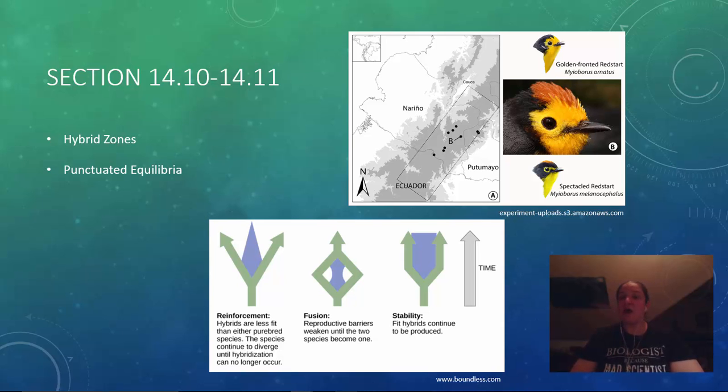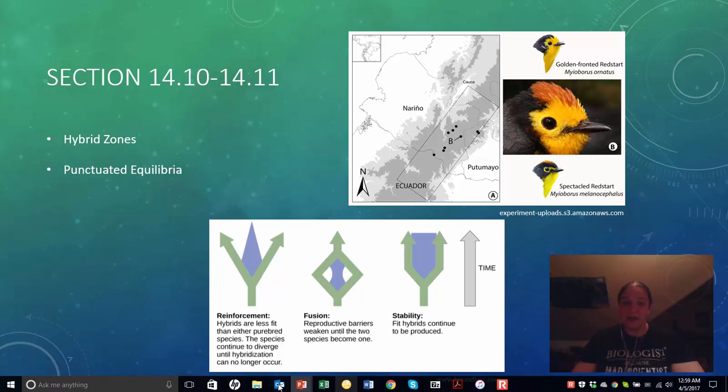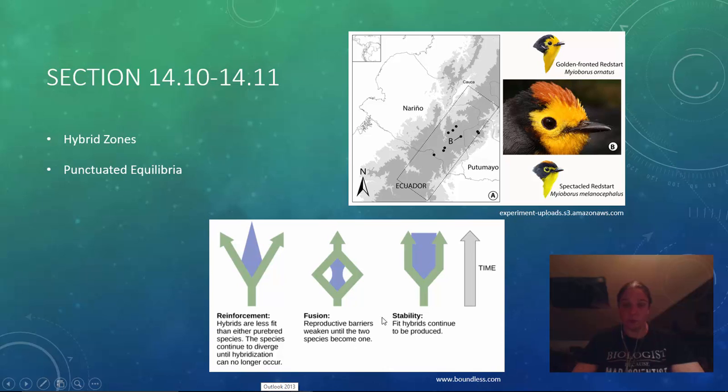If they are viable and they can reproduce, eventually these species may fuse. These two species might reproduce together so often that so many new birds are hybrids that the two species may just fuse back into one species. And normally, if they cannot hybridize, or if the hybrids are inviable, or if they cannot breed, we have reinforcement of speciation, and the two different species will continue to go their separate ways.